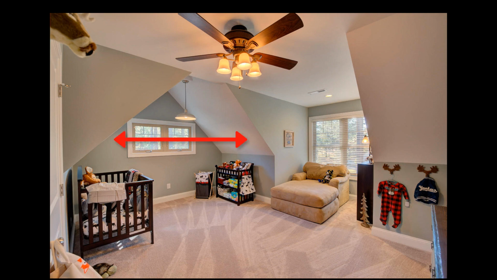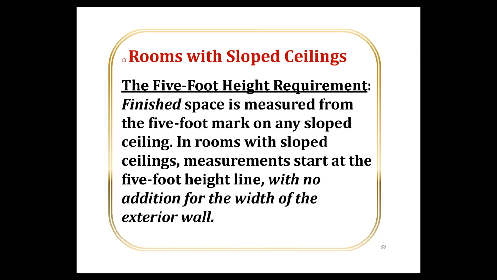But if you look at this picture, you can see your measurements should go to the 5-foot point, and then from that point you would measure that dormer on there. But the rule states finished space is measured from the 5-foot mark on any sloped ceiling with no width for the exterior wall.